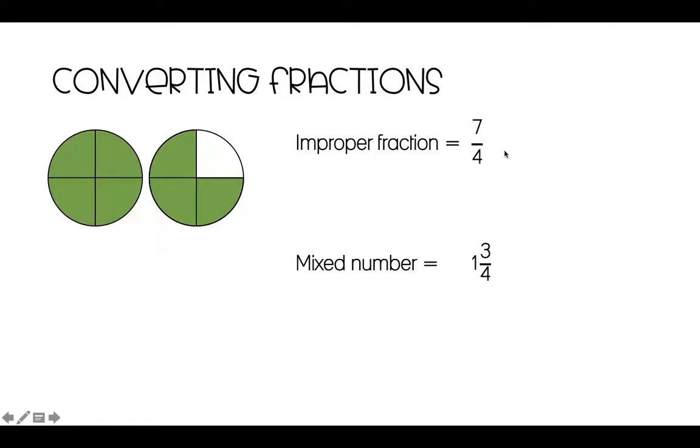So we have our improper fraction and our mixed number. Now, these 2 numbers, although they look different, they represent the same amount. If you were to put them on a number line, you would put them both 3/4 of the way between 1 and 2.